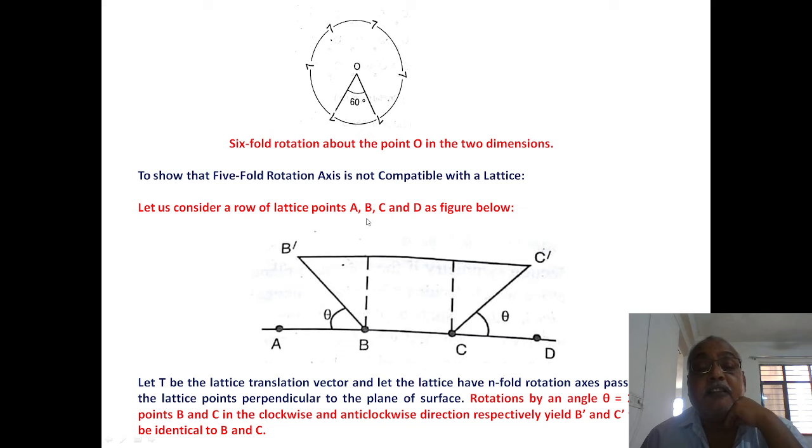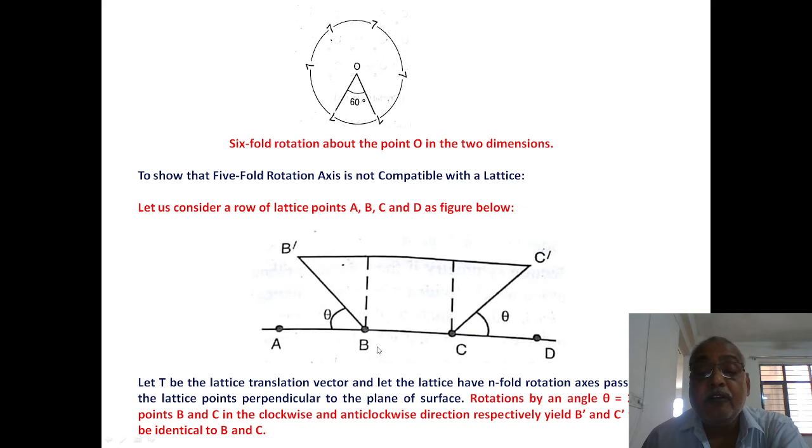So let us consider points A, B, C, D. Let T be the lattice translation vector. Let the lattice have n-fold rotation axis passing through the lattice point perpendicular to the plane of this surface. Rotation by an angle theta is equal to 2 pi by n about points B and C in clockwise and anti-clockwise.